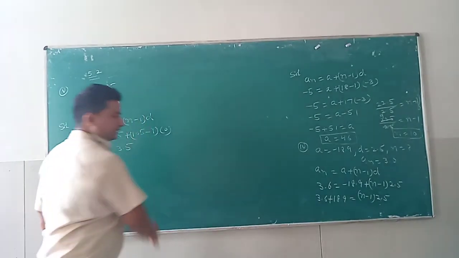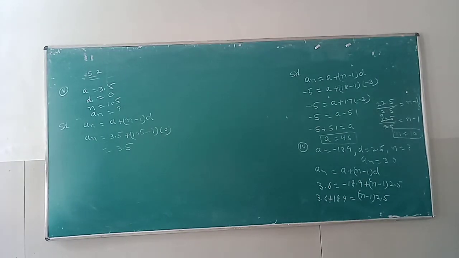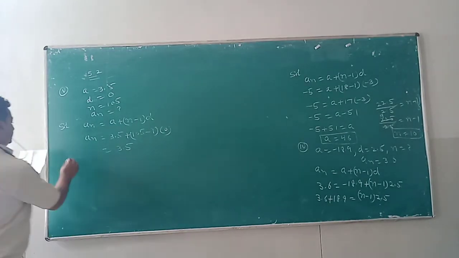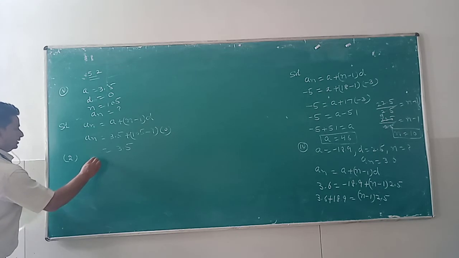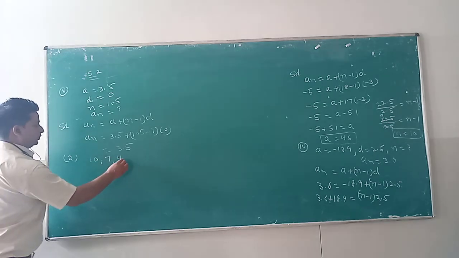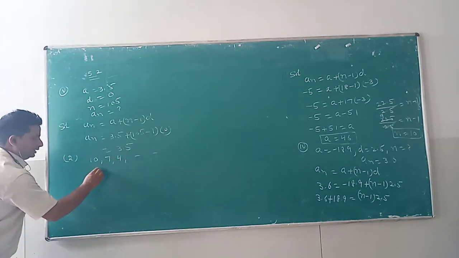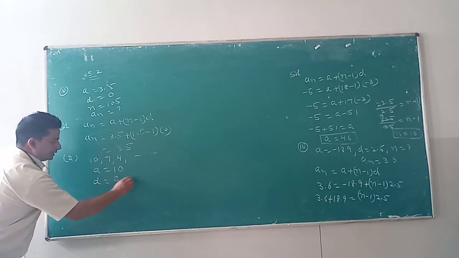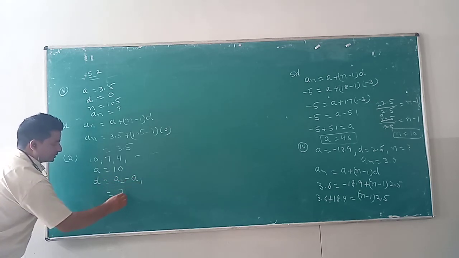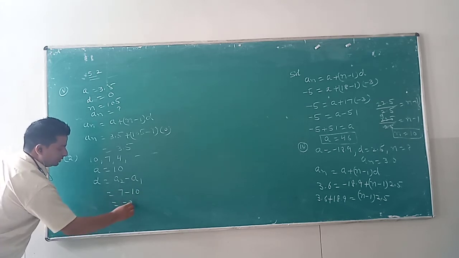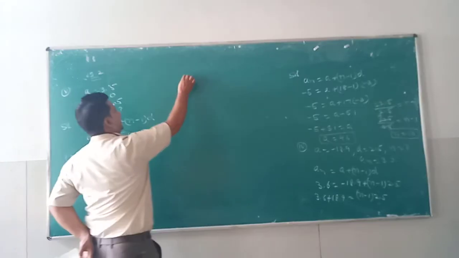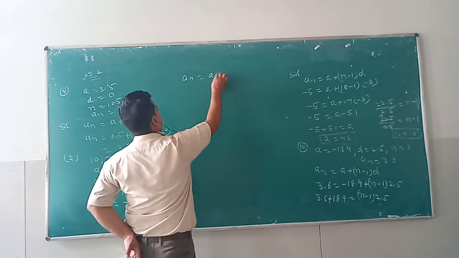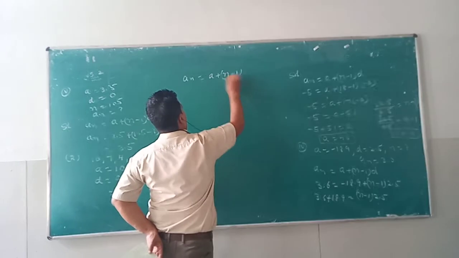In question number 2, the statement is find the 30th term of the AP 10, 7, 4, and so on. In this AP, a is 10, common difference is a2 minus a1 which is 7 minus 10, minus 3. So an is a plus n minus 1 into d.